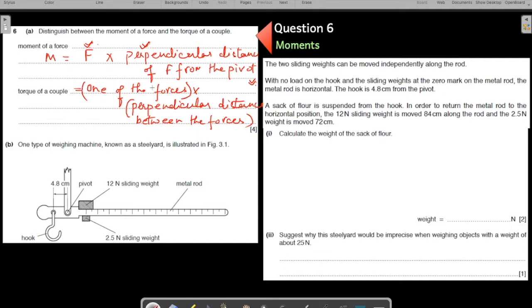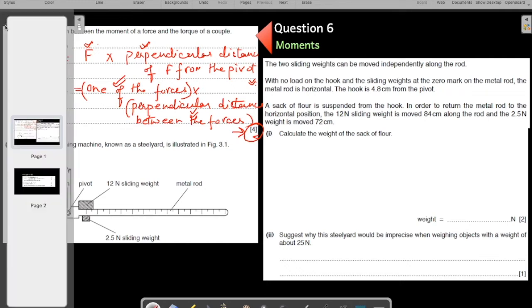What are the key points? We didn't identify one of the force and perpendicular distance. Why are we looking for 4 or 5 key points? Because it is a 4-mark question, easy to attempt and easy to score all the 4 marks. Your objective should be to score 100% marks on the questions which are easy and straightforward.